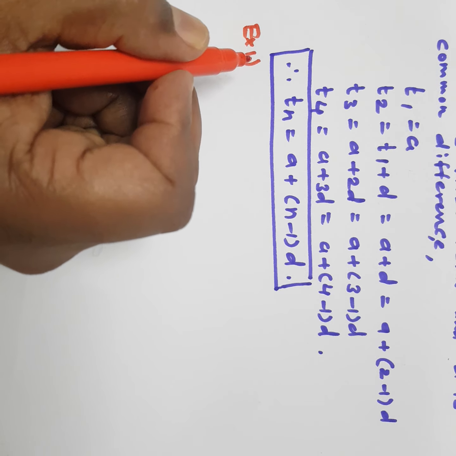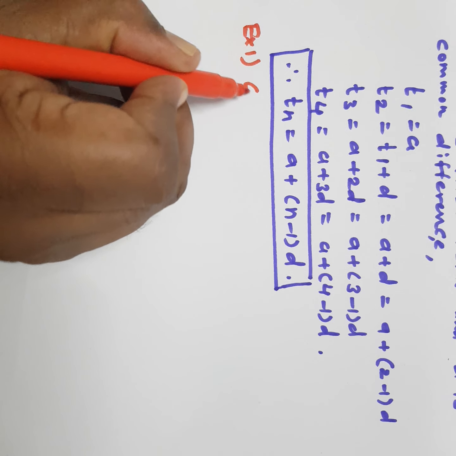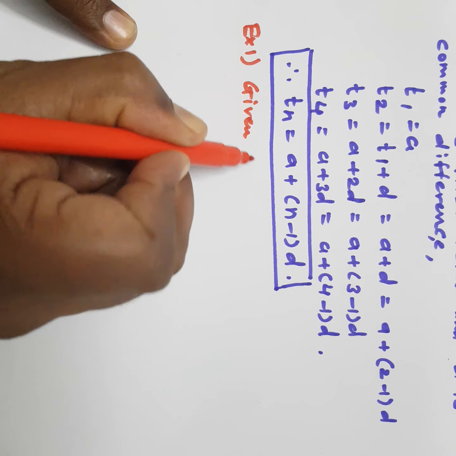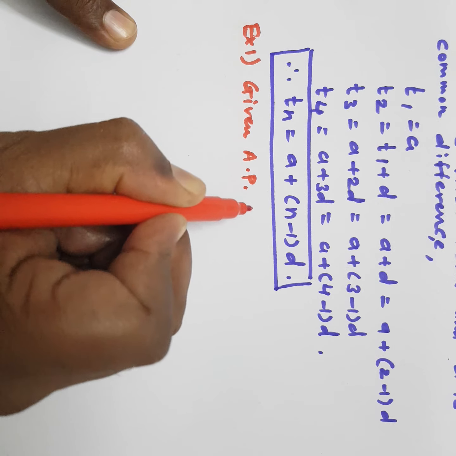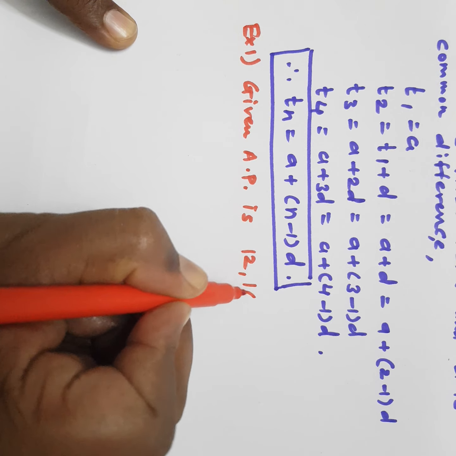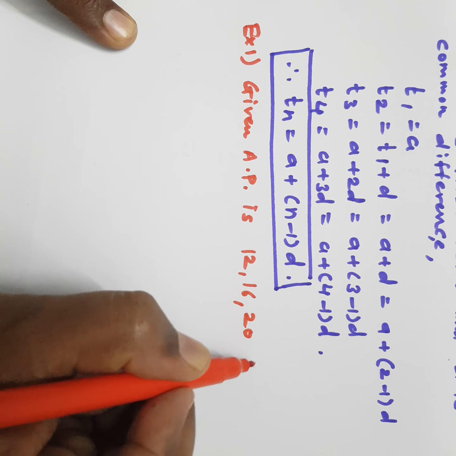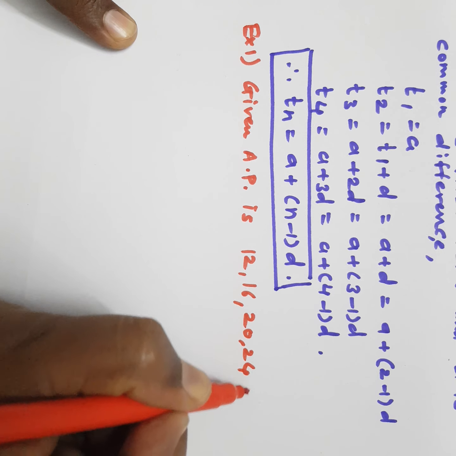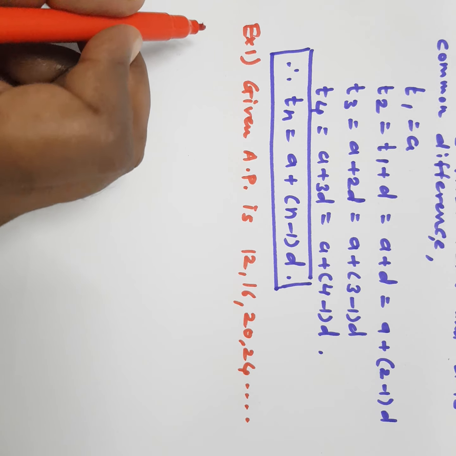Example 1. The given arithmetic progression is 12, 16, 20, 24, and so on.